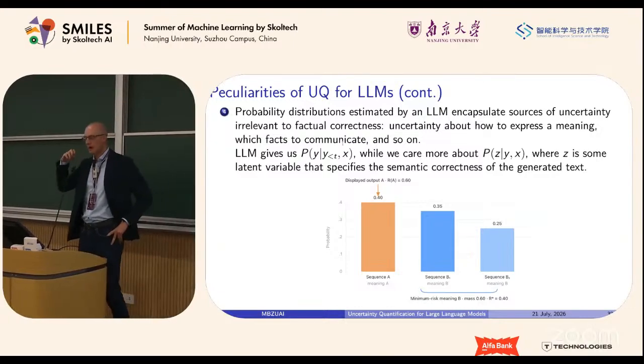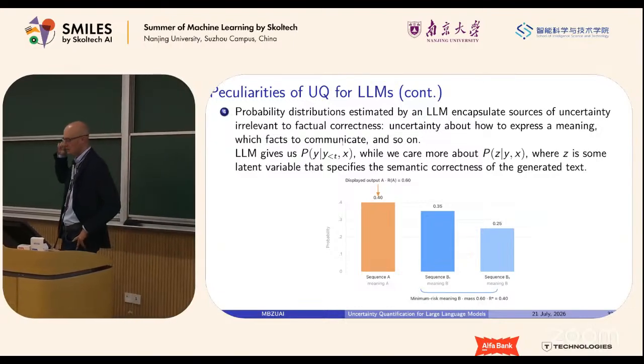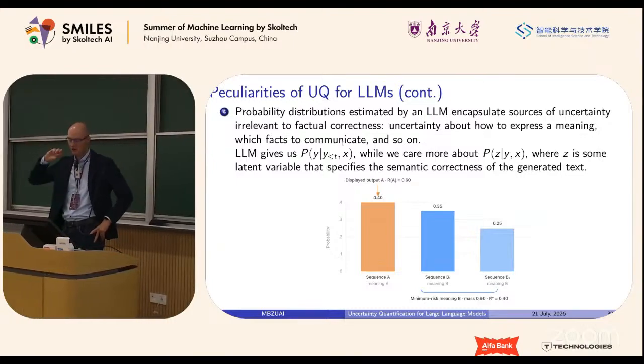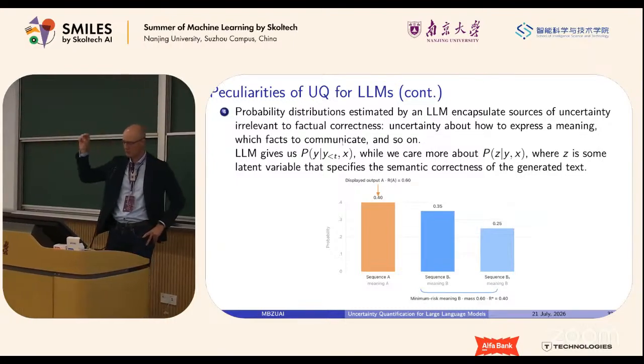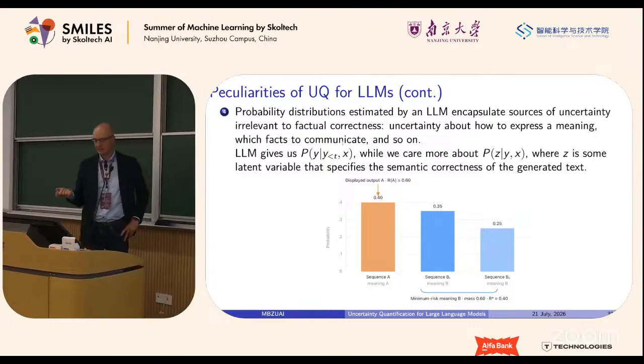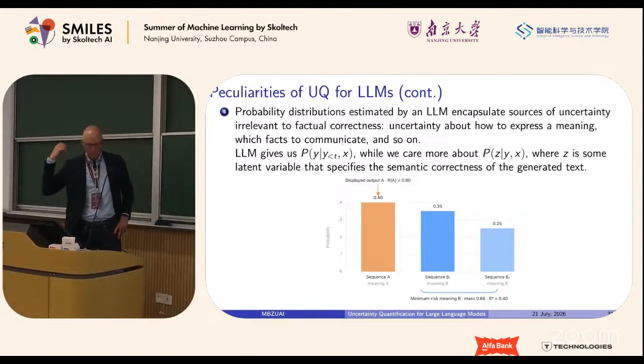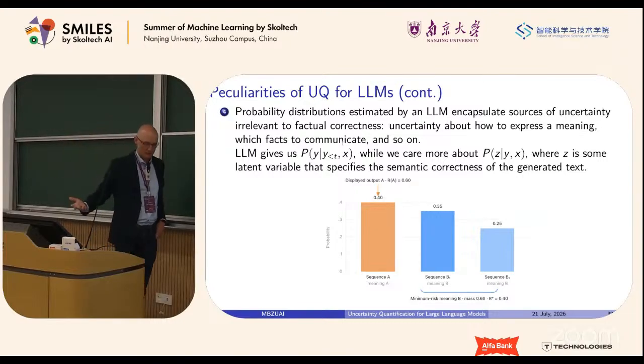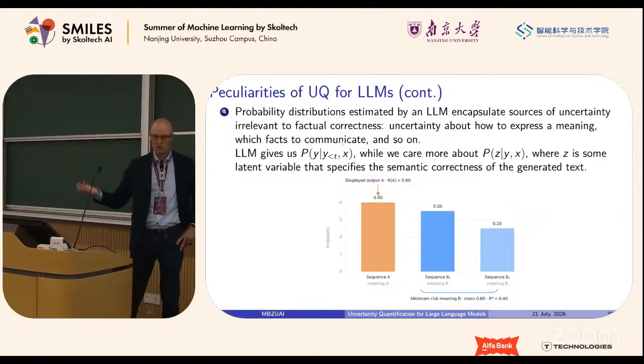But we might be caring not about the particular realization of the text that we are generating. We're caring about some latent variable that specifies the semantic correctness of the generated text. We probably don't care about the synonyms that we're using during generation.